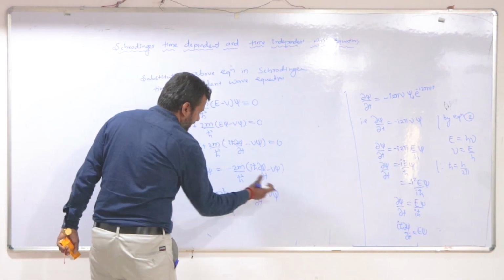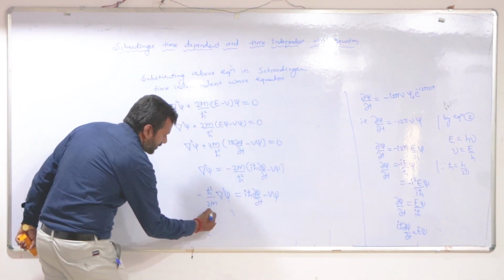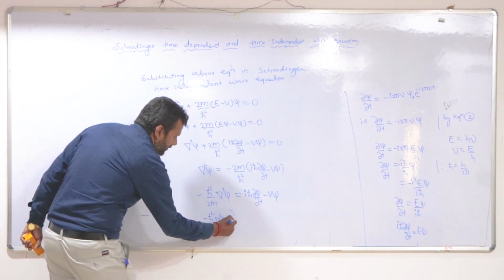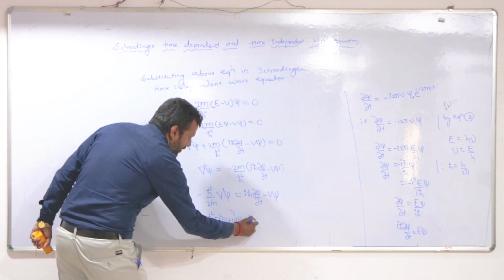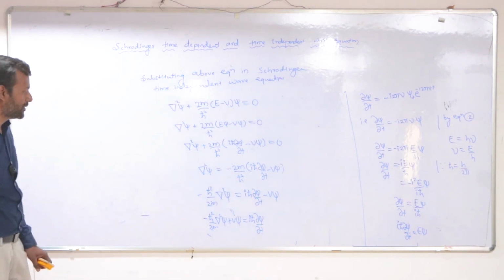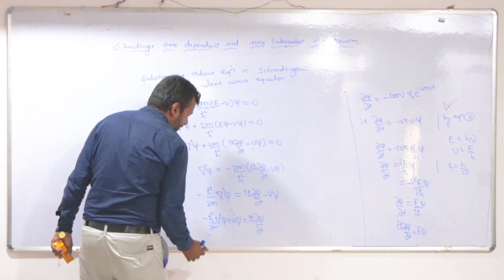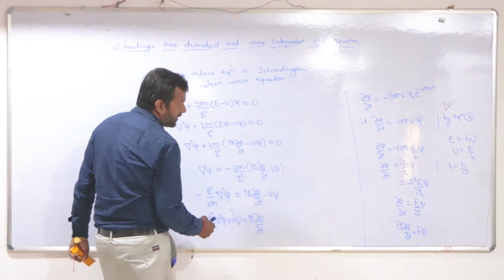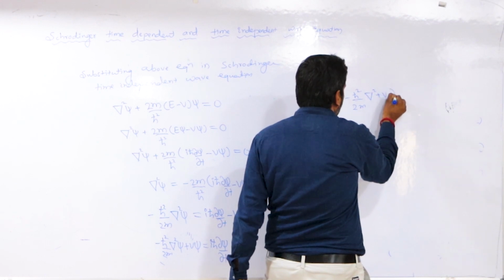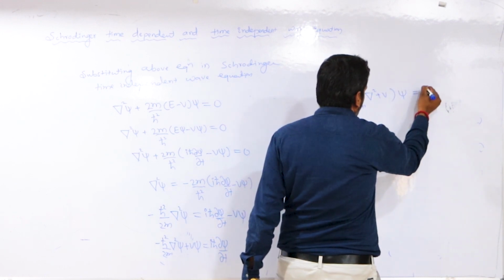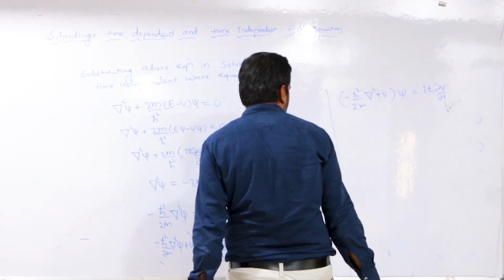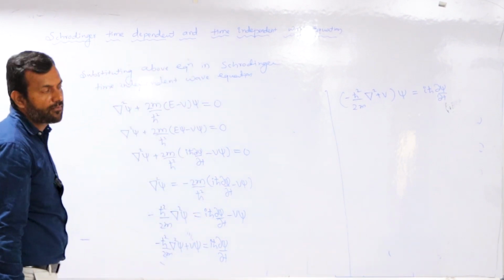So we take this v psi over: minus h cross square by 2m del square psi plus v psi, which is equal to i h cross dou psi by dou t. Now we will take psi common from here: minus h cross square by 2m del square plus v, times psi, is equal to i h cross dou psi by dou t.